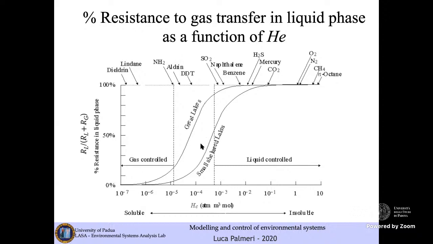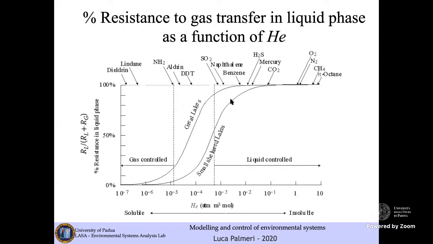In particular, for the Great Lakes, we expect that the passage between the resistance in the liquid phase and resistance in the gaseous phase is reached more quickly in terms of Henry constants, while for small sheltered lakes, the maximum resistance in the liquid phase is reached more slowly.